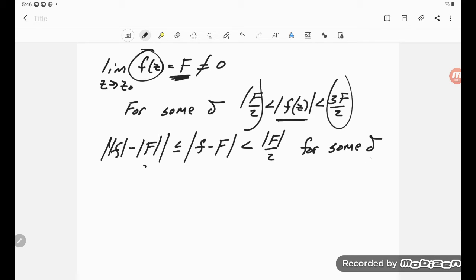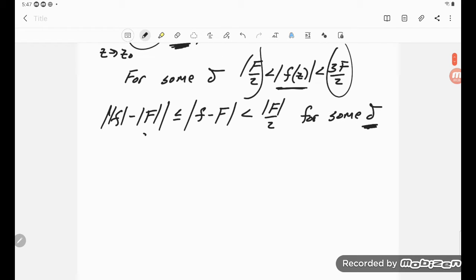I don't know what that delta is, but if I choose my epsilon to be this absolute value of F over 2, there exists some delta for which I can make sure that happens because I've got the limit here.